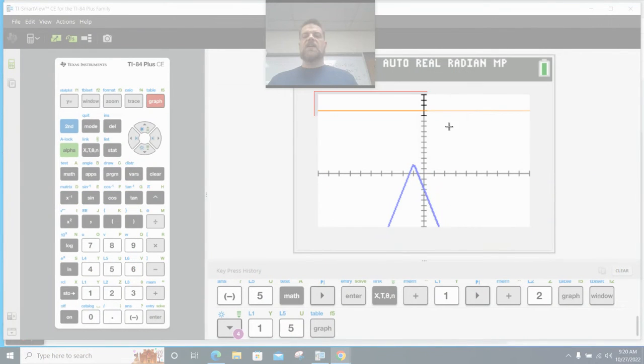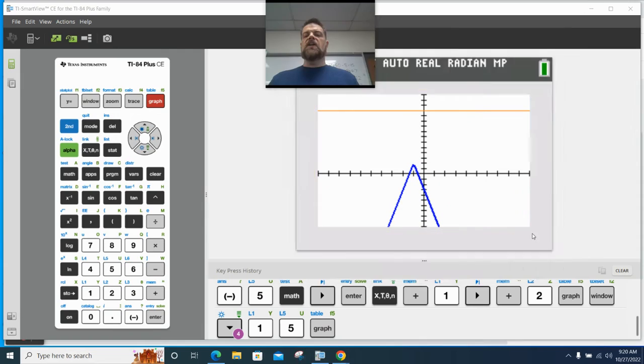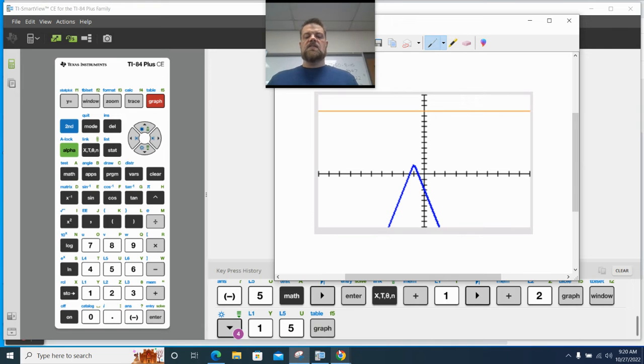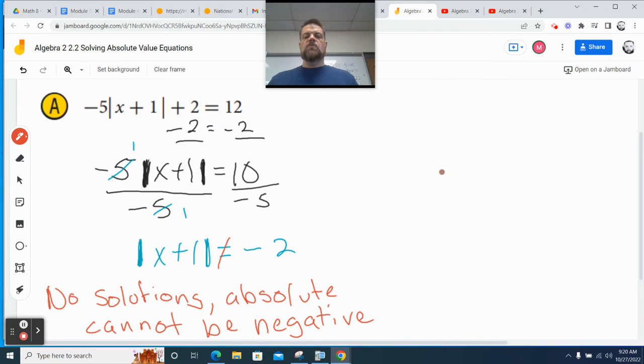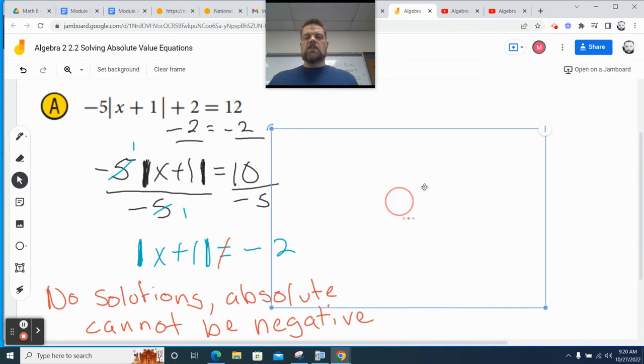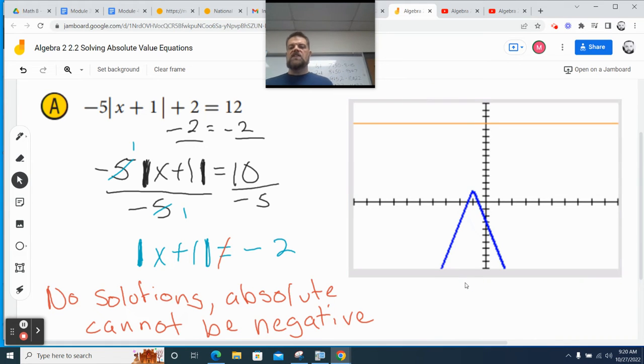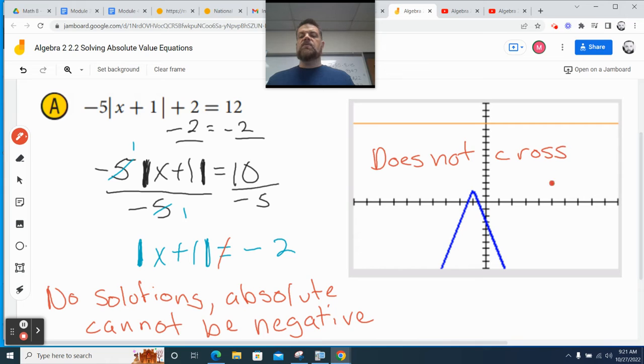When you understand this, say if you were taking the SAT and you wanted to know what the solution is, let's say you do the math and you think you're right, but you're not sure if you made a mistake. Just graph it. And then put does not cross. What's the fancy math word for cross? Intersect. Yeah, intersect.